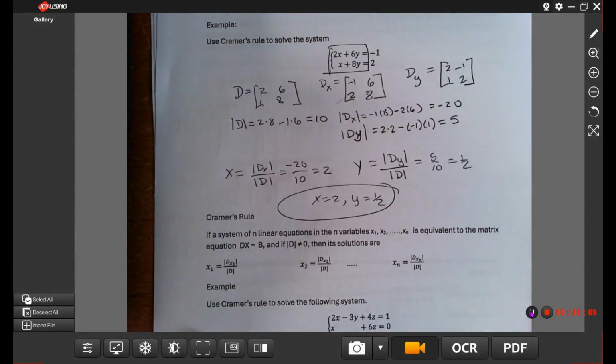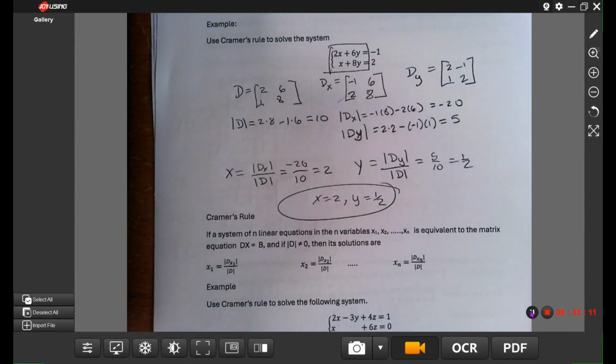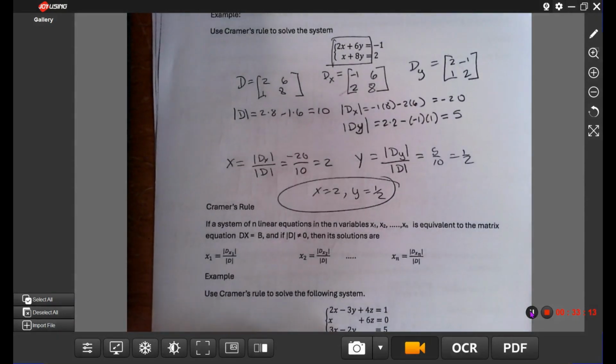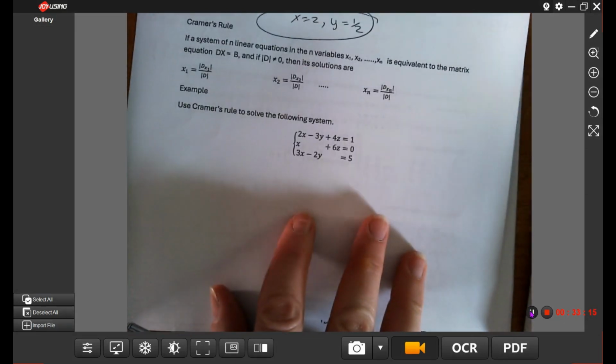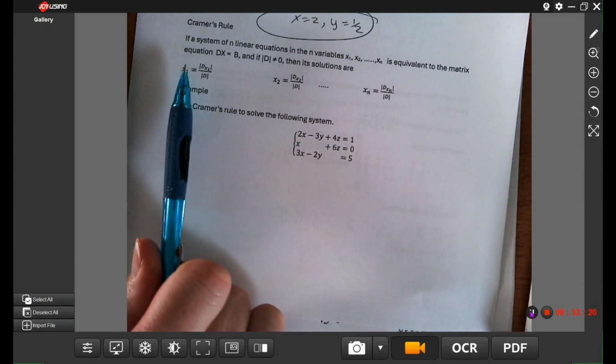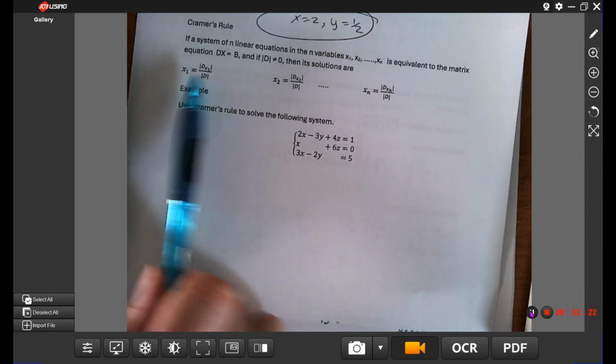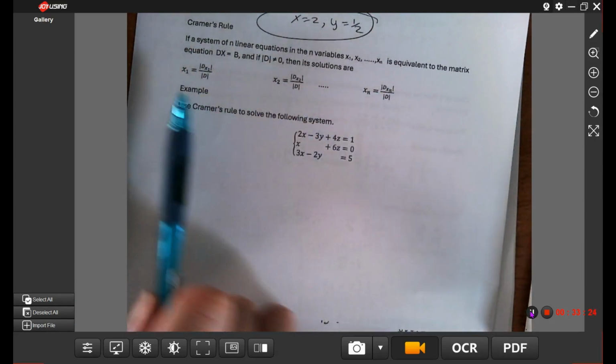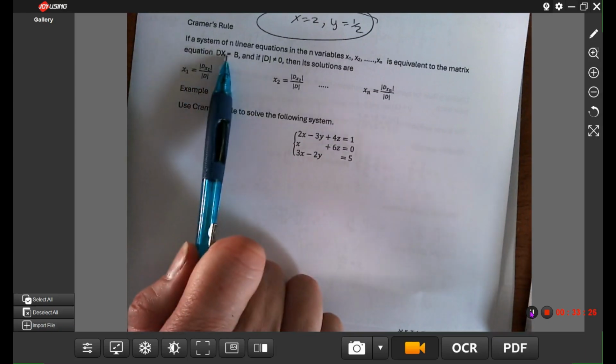So we did that for the 2 by 2 matrix. And now we're going to expand that to a matrix of any size. So using the same notation, but instead of x, y, z, and then we ran out of letters, we're going to go, the x is the solutions.